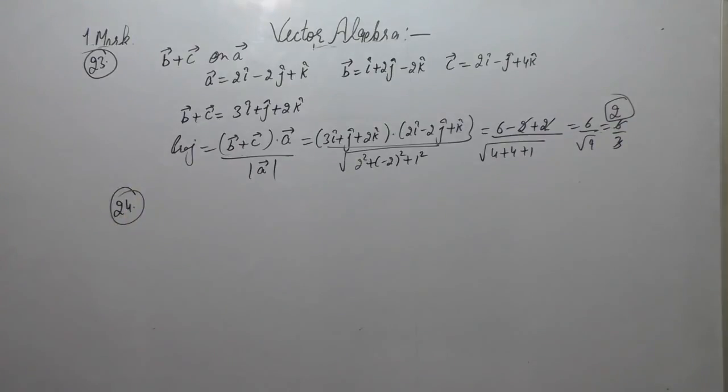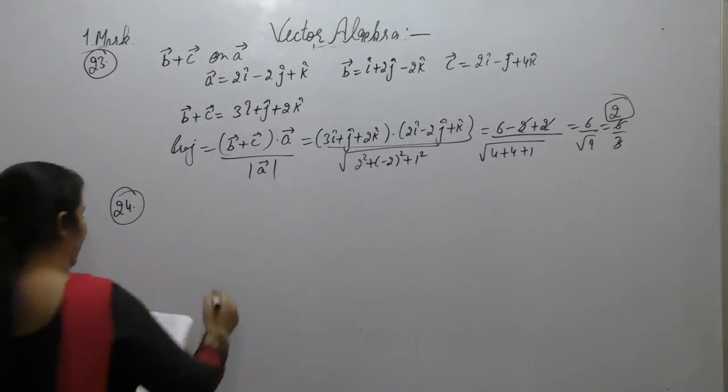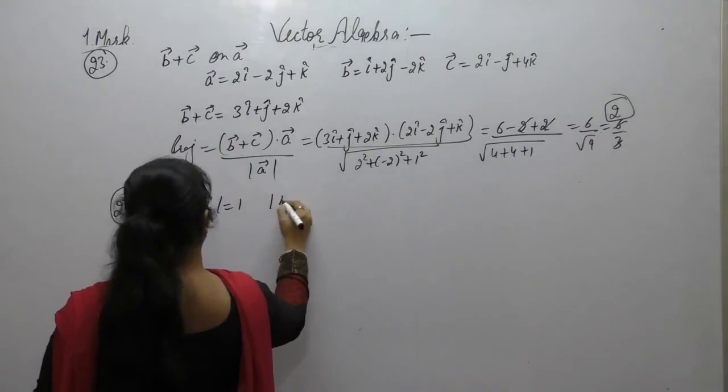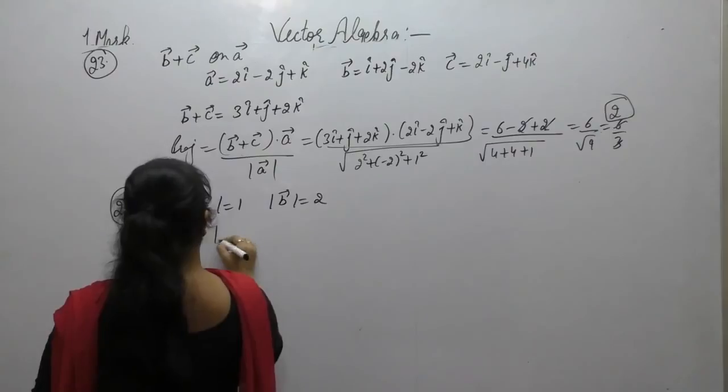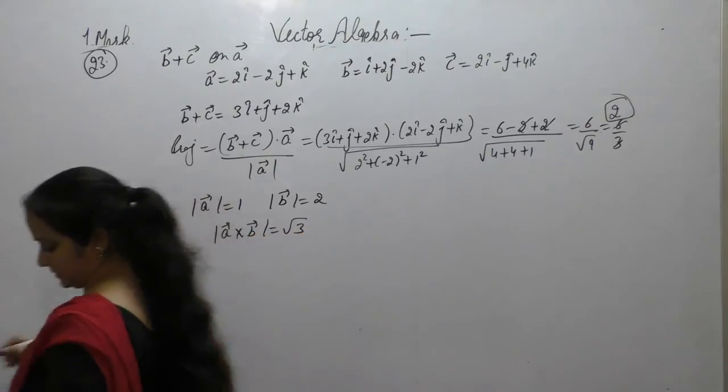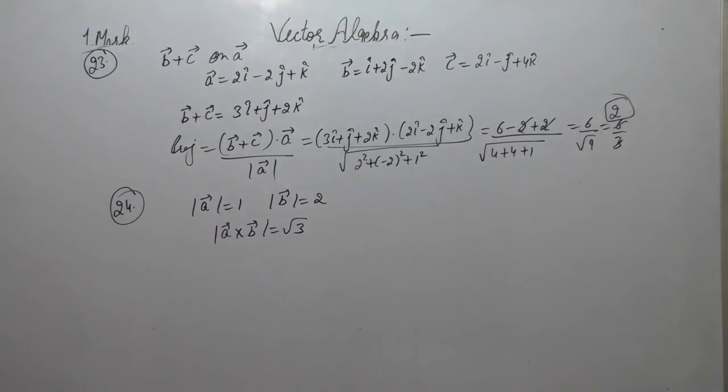Now next one, find the angle between two vectors A vector and B vector with magnitudes 1 and 2 when the cross product of these vectors is square root of 3.